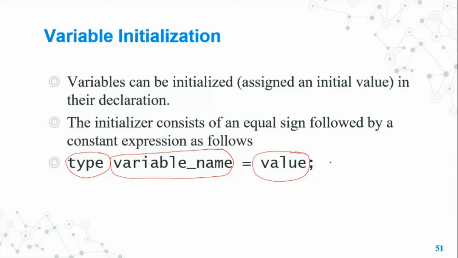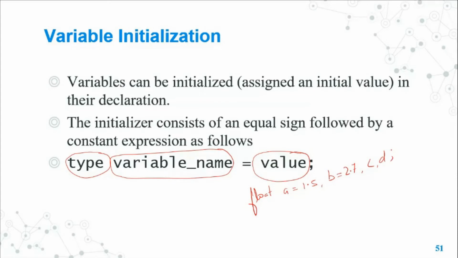Then using a comma, you can give another variable name as well as another value. That is also possible. Suppose we write float a equal to 1.5, then with a comma, b equal to 2.7, then without initialization, c and d.